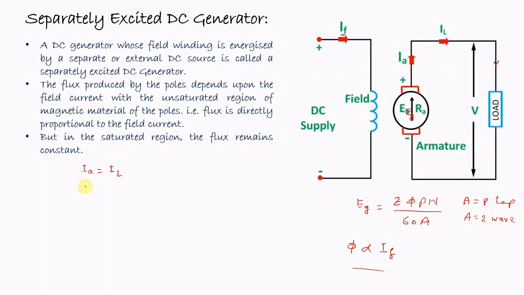The flux which is produced is directly proportional to the field current. That means it is directly proportional to the external voltage source, where V is the voltage source applied across the field windings. It is the input voltage.